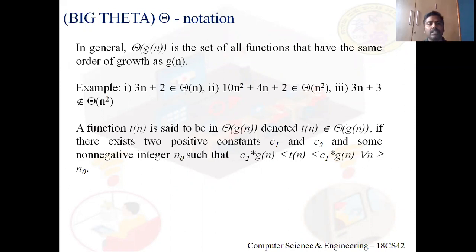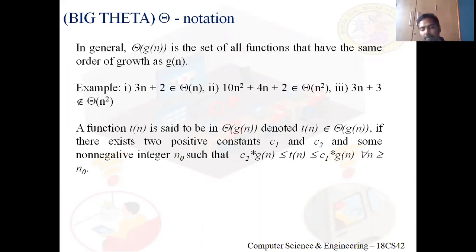Now, what is big theta? Big theta means you are given two functions T of n and G of n. If the growth rates of these two functions are one and the same, got it? If the growth rate of T of n and the growth rate of G of n are one and the same, then only are we going to call T of n belongs to big theta of G of n.